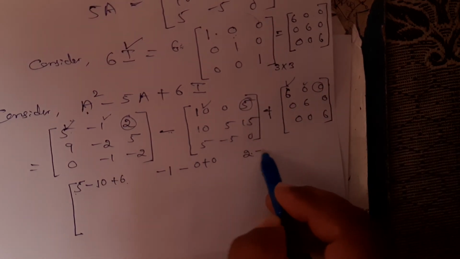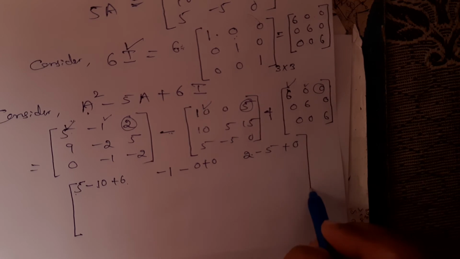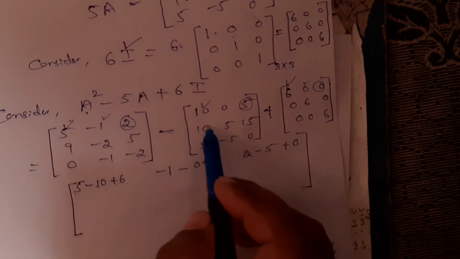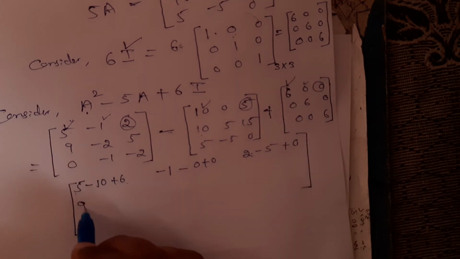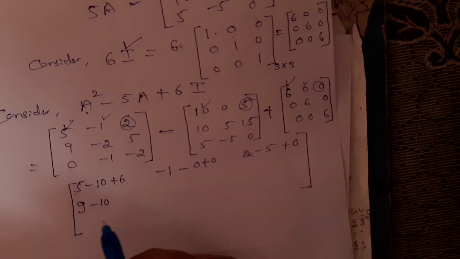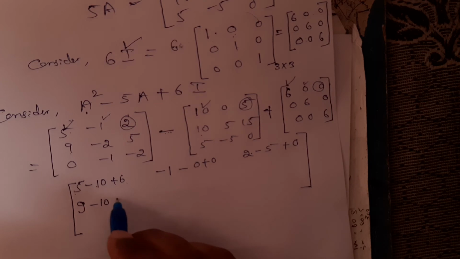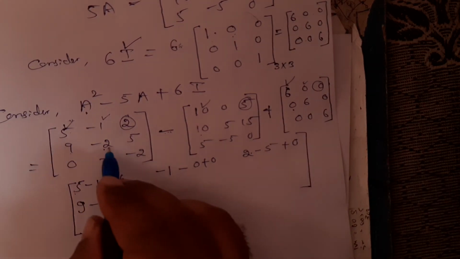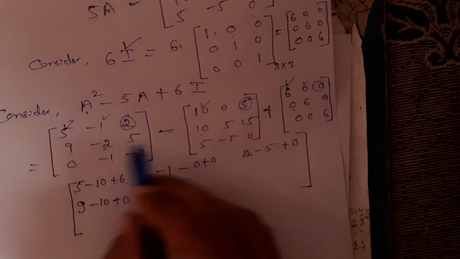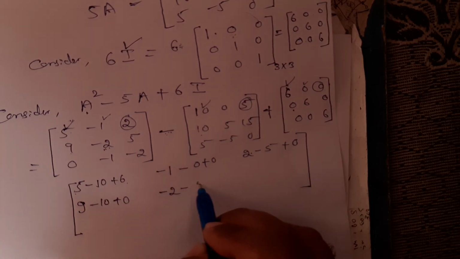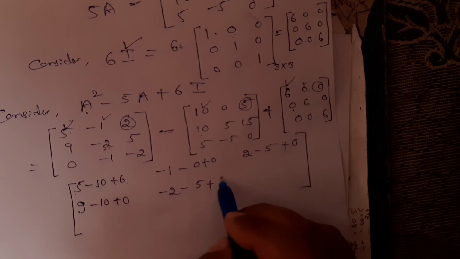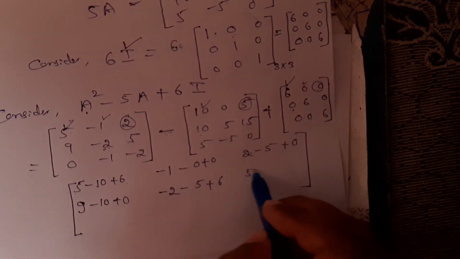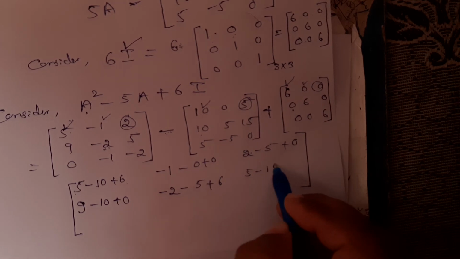So that is 2 minus 5 plus 0. Similarly, consider the second row here. See, 9, 10 and 0 is there. Write the signs here: 9 minus 10 plus 0. Then minus 2, see here, minus 2 minus 5 plus 6. Then see here, 5 minus 15 plus 0.